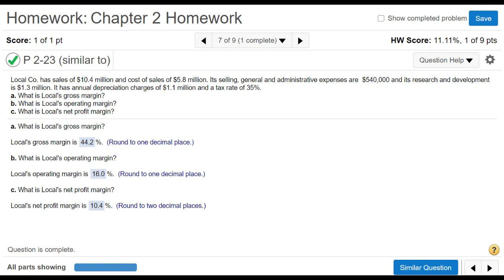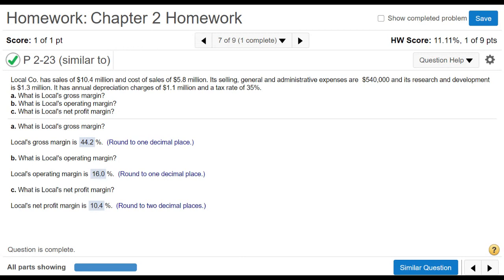Now we had things that happen that we have to account for. These expenses: we had $540,000 in R&D, research and development. We have administrative fees of 540,000. We had R&D of 1,300,000, and we have an annual depreciation charge of 1,100,000.